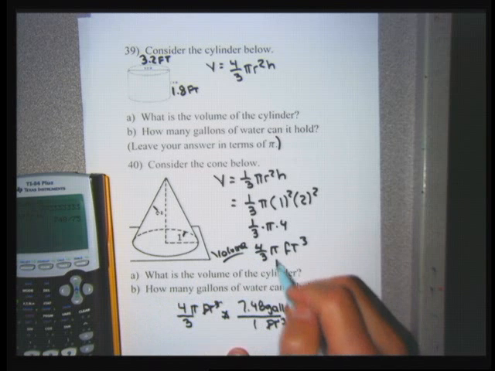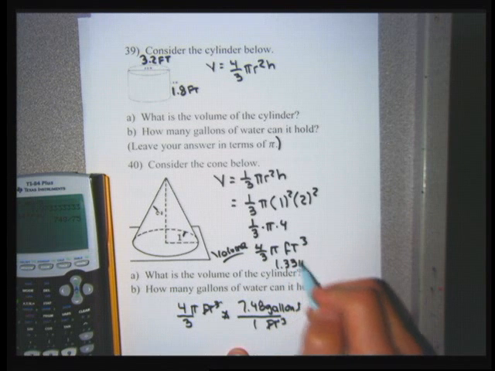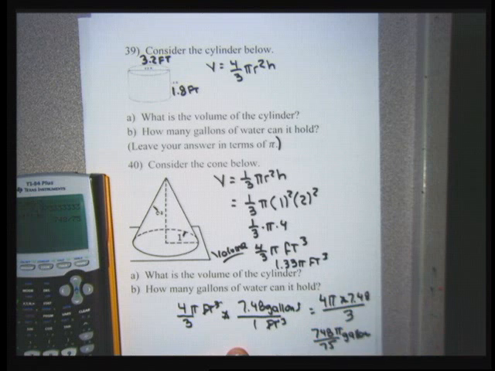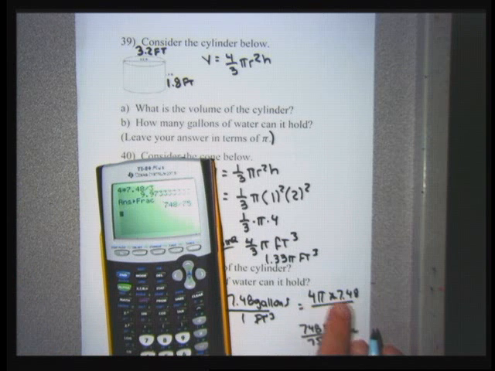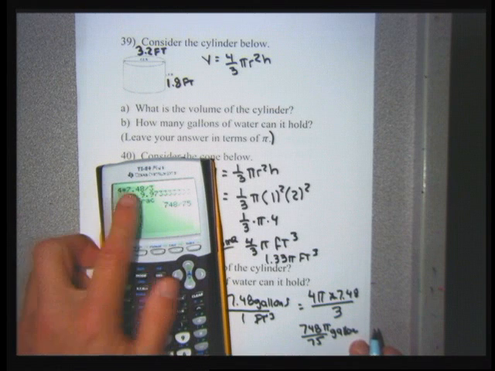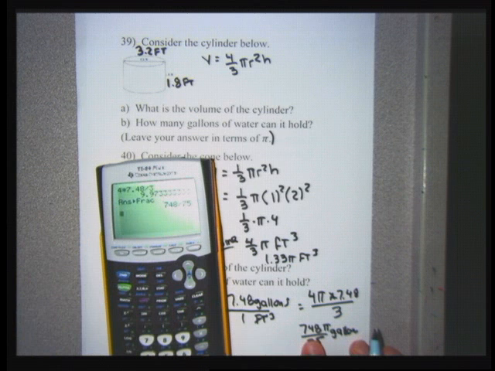This is going to be 1.33 pi feet cubed. Sorry about this inconsistency here. If I do 4 times 7.48 over 3, I get 9.97. So I could have written 9.97 pi gallons.